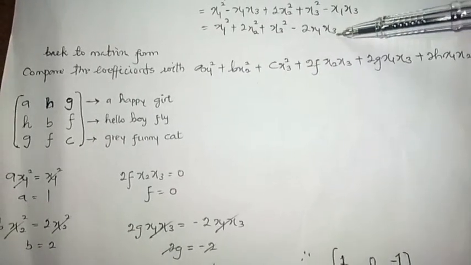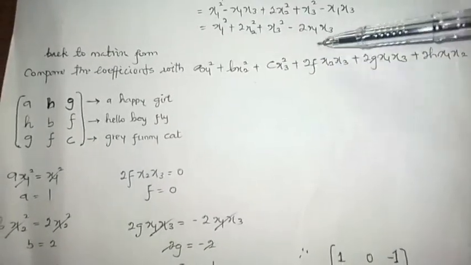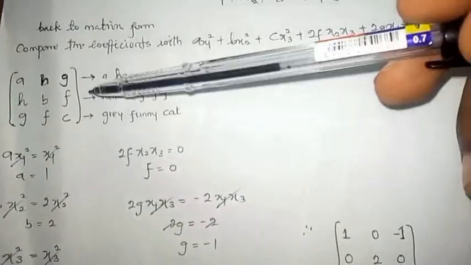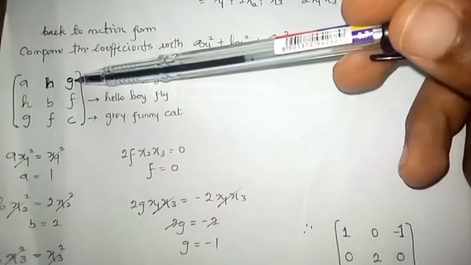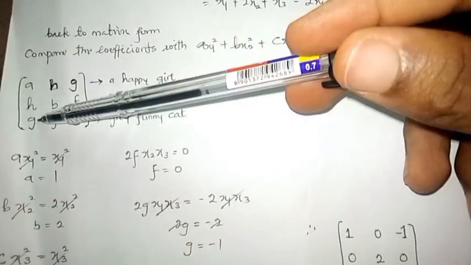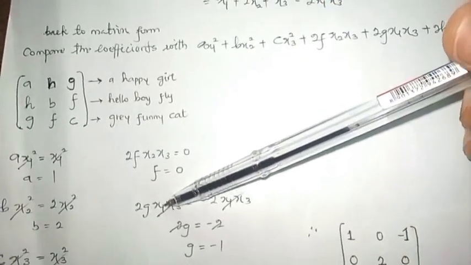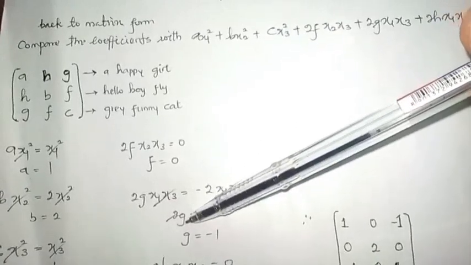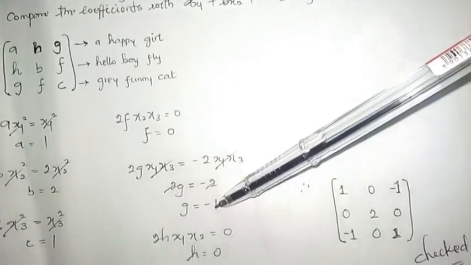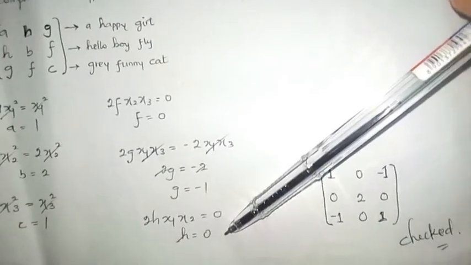We only have x1, x3. So F equals 0. So for x1, x3, it has the variable g, because from g here, this is x1, x3. This is x3, x1. So that's the reason why we have for g. And then g gave us -1. We also did for h. H has no variable. We got 0.